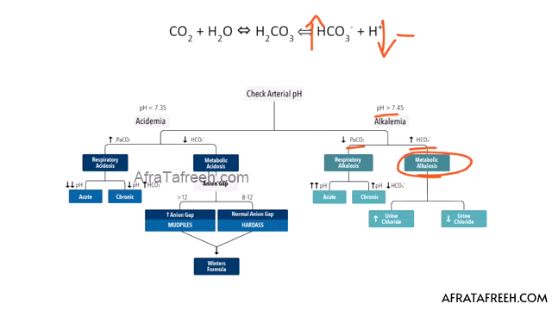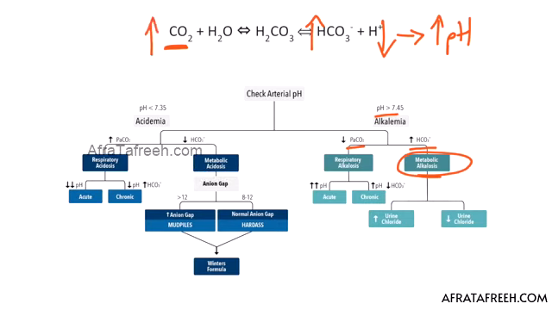Over time, there is more bicarbonate than free hydrogen ions, which causes the pH to rise, resulting in a metabolic alkalosis. The normal compensatory response is hypoventilation, which results in the retention of carbon dioxide.